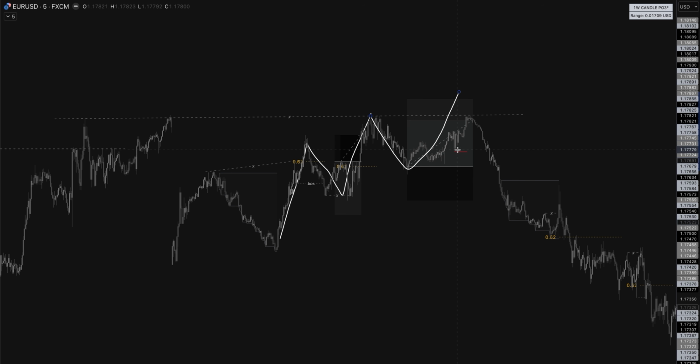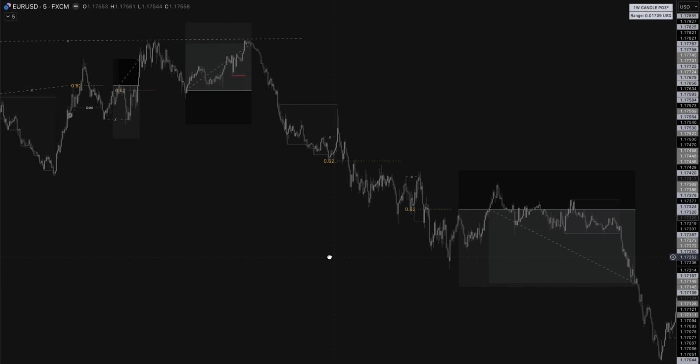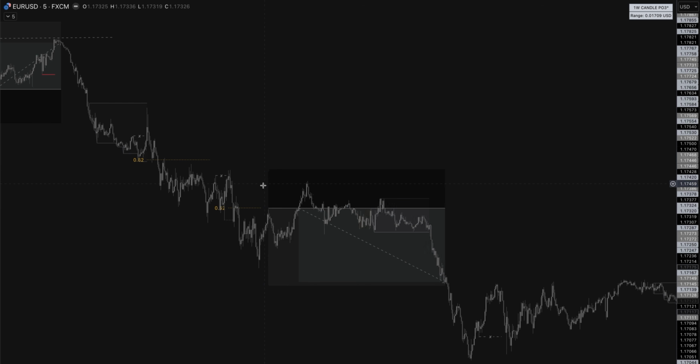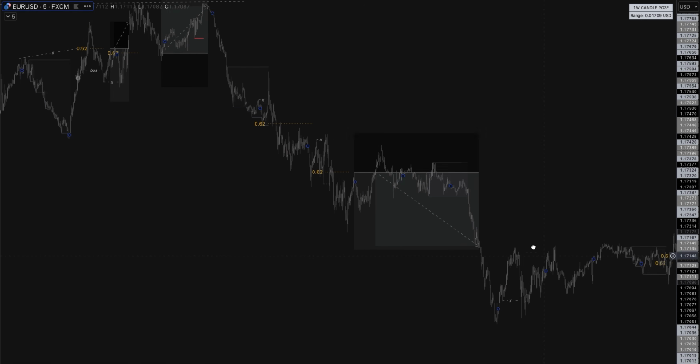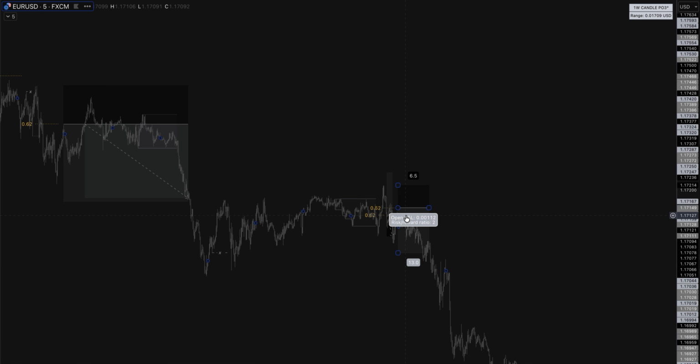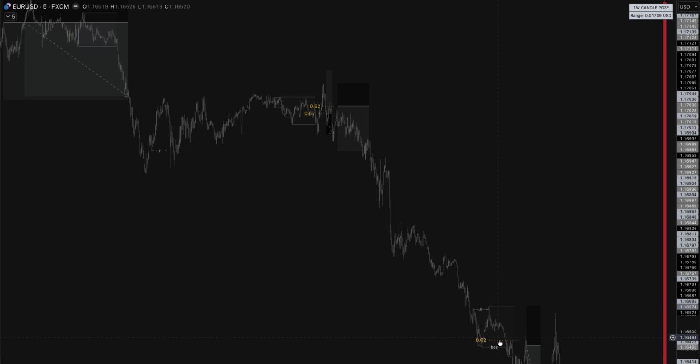Close to my TP, I took profits here. Now for the rest of the week, I was looking for shorts, because now I know that we've created the high of the week. We're just going to be following the momentum. You can see here, very strong trend.